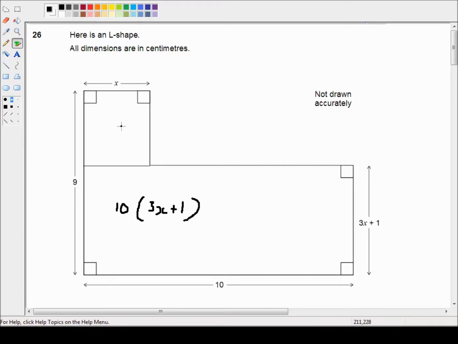Now this rectangle here, we know the width is x, and the total height is 9, and this height is 3x plus 1, so this height here is 9 minus all of 3x plus 1.